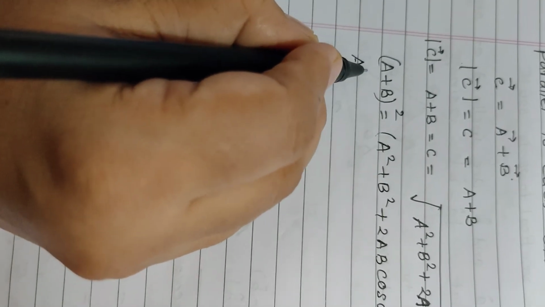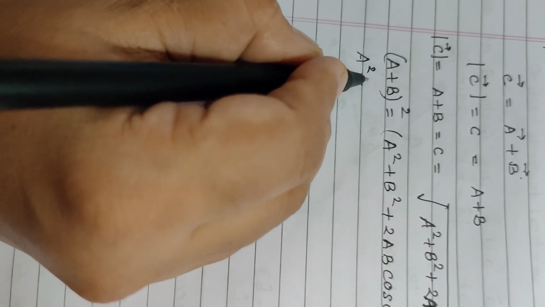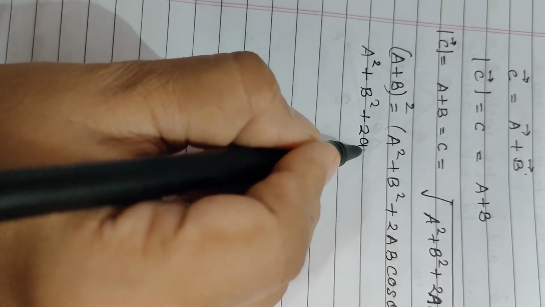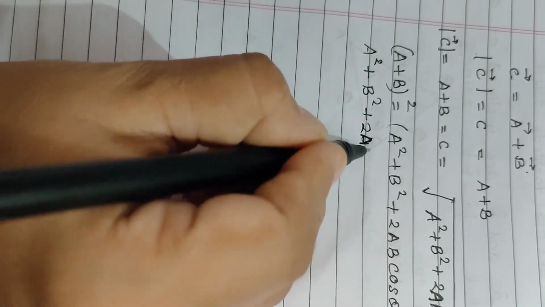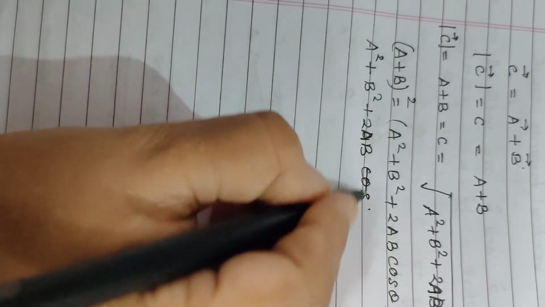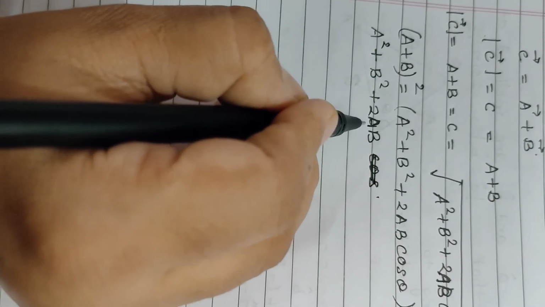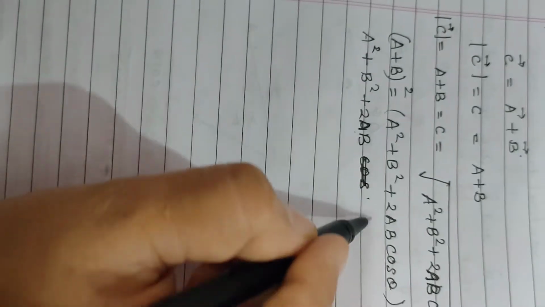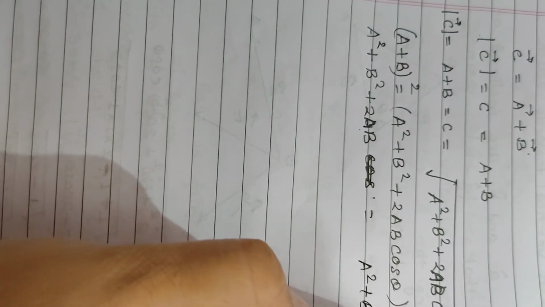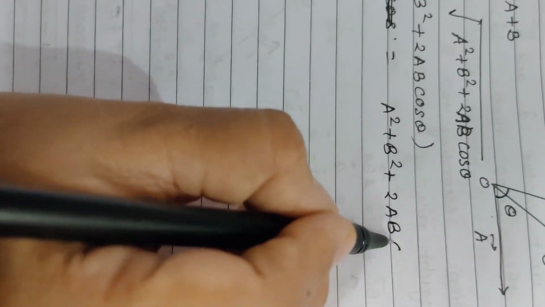Now if we apply the identity here, a plus b whole square is a square plus b square plus 2ab. Okay, and the other side is a square plus b square plus 2ab cos theta.